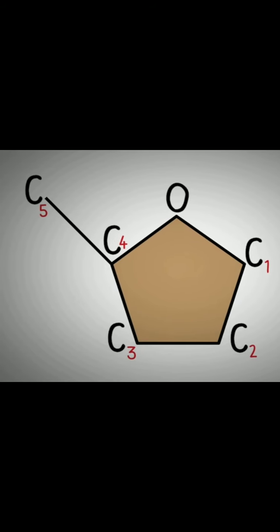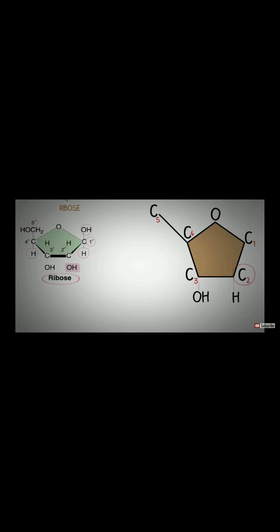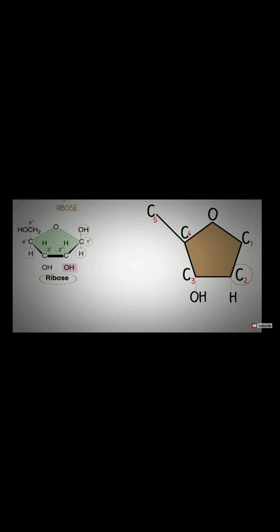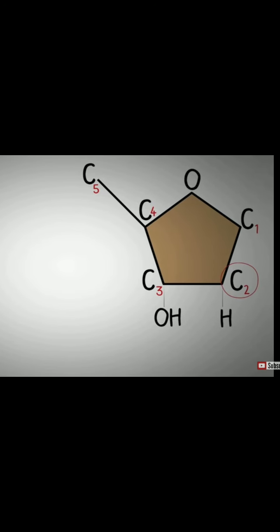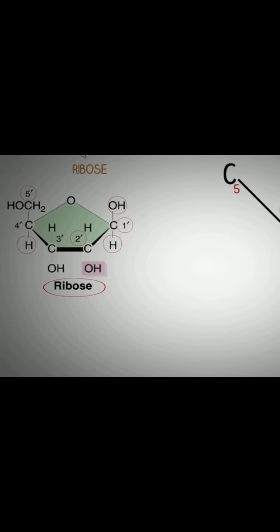We can also see there are different types of functional groups attached to the carbon atoms, like the hydroxyl group and the hydrogen atom. The most important functional groups which determine whether the sugar is ribose or deoxyribose are present on carbon number 2 and carbon number 3. In the sugar ribose, we have a hydroxyl group attached to carbon number 2. This is the chemical structure of ribose.